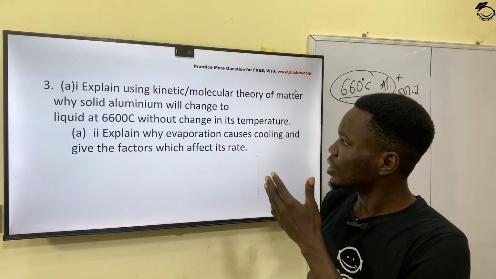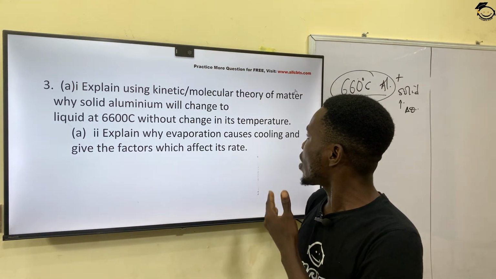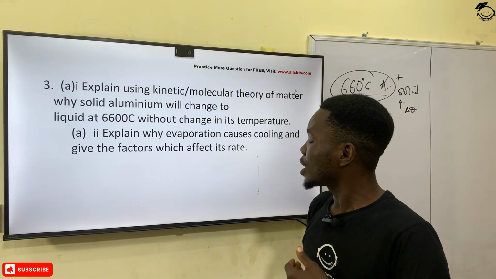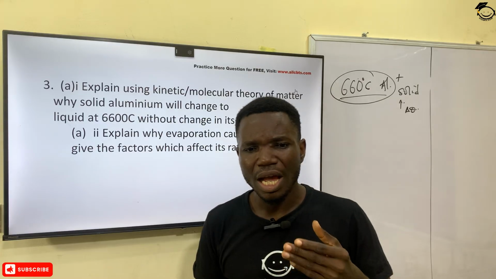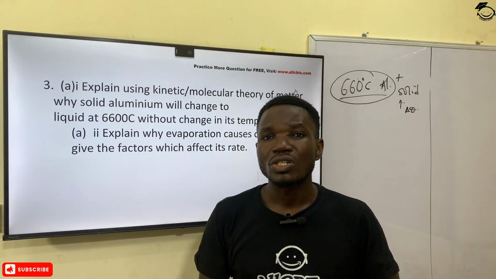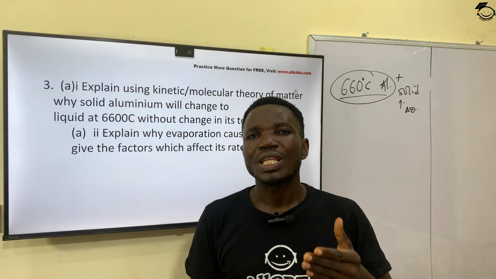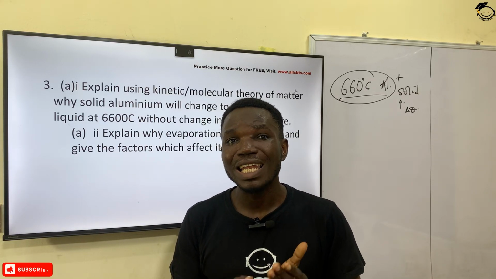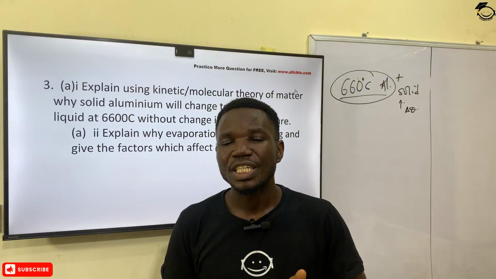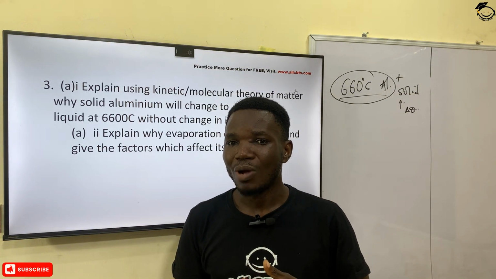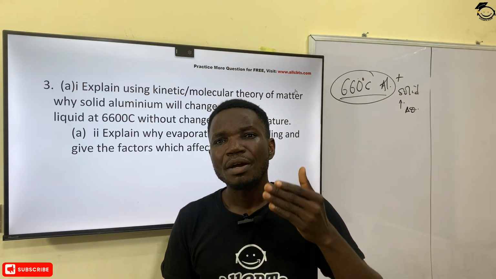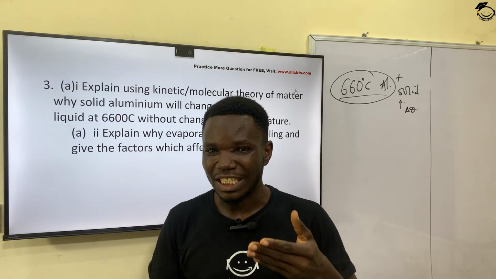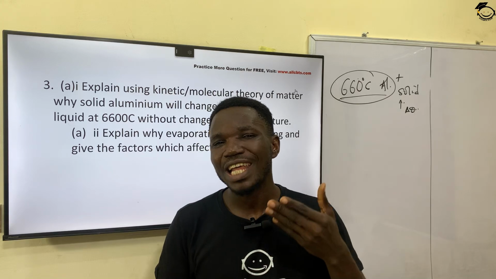Moving on to the next question, it says, explain why evaporation causes cooling and give the factors which affect its rate. Evaporation causes cooling because in evaporation, the most excited molecules of that liquid are given off. What do I mean? The molecules of a substance that carry the highest amount of energy are given off during evaporation.